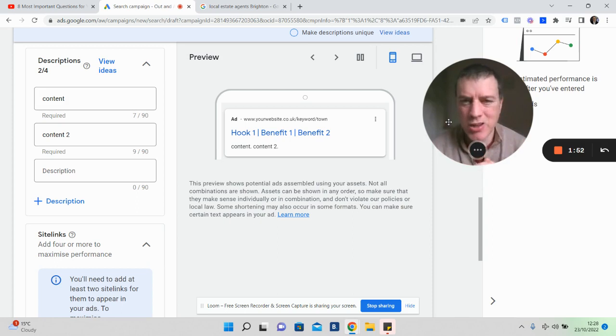Basically, you don't get as much control, and you certainly don't get the data that a professional agency like ourselves would get. So if you haven't got that, all you need to do is change to expert mode. It's a simple little toggle in the settings tab, top right of the screen on a desktop, of course.